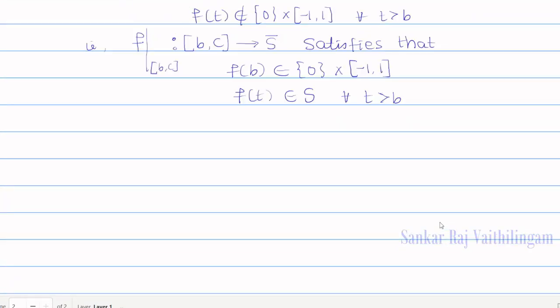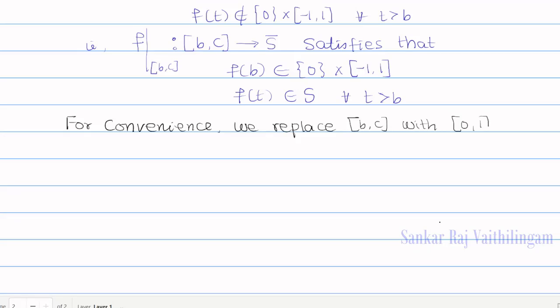What I am doing now is a small adjustment for convenience. We replace the closed interval b, c with the closed interval 0, 1, because any two closed intervals are homeomorphic, so we consider this itself.